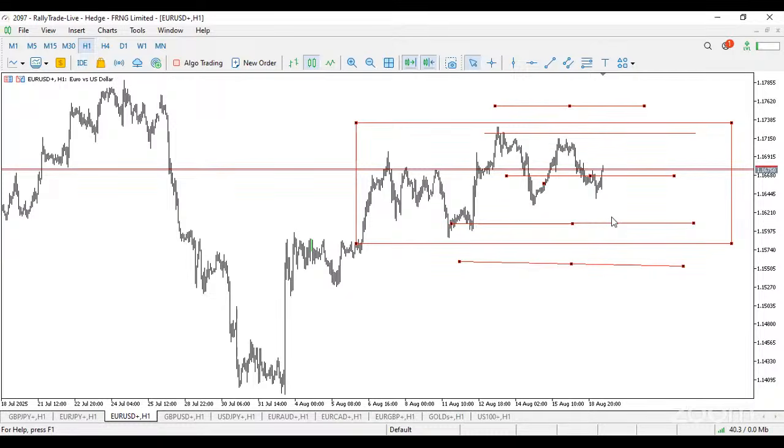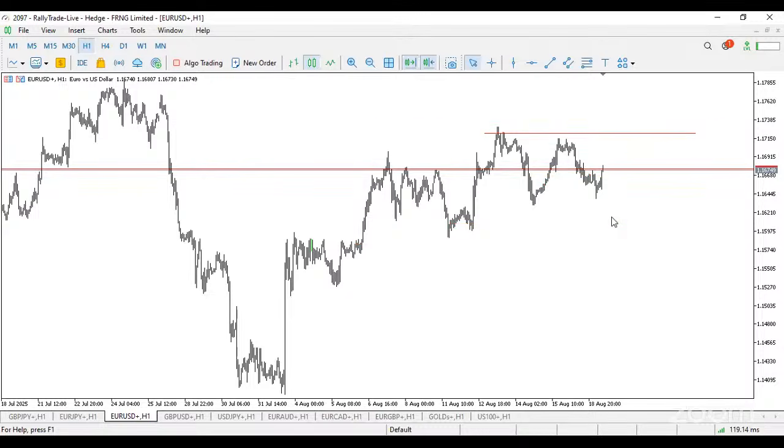When it eventually breaks out of this consolidation, whichever way, above or below, you simply wait for a retest and then follow the trend. Now, they're just consolidating for now. So it's a wide range consolidation, and that is how to trade a wide range consolidation.